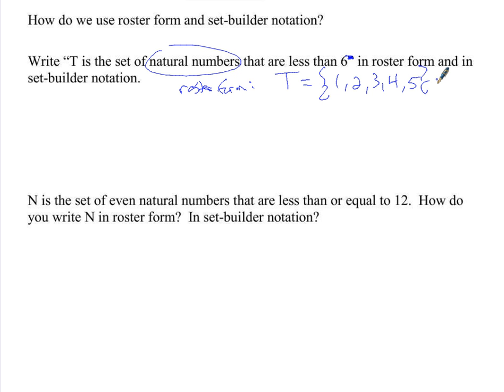So that is the set right there in roster form. Looks like farm, I know, but it's roster form. So we want to write that in set builder notation as well. So set builder.